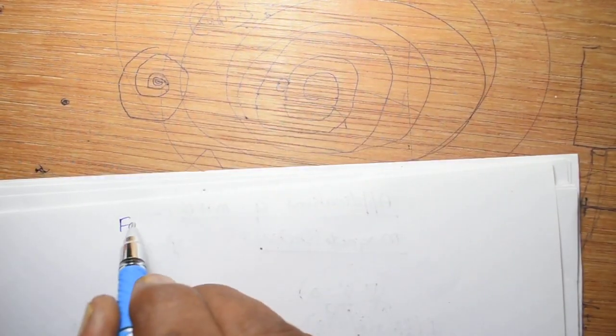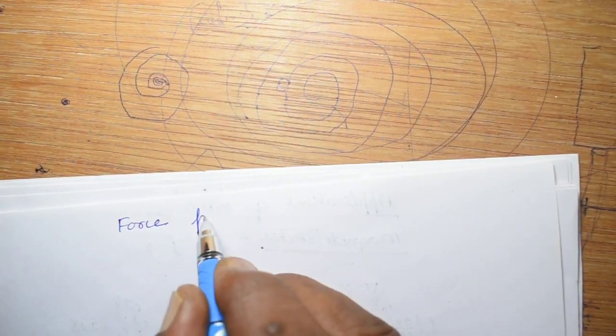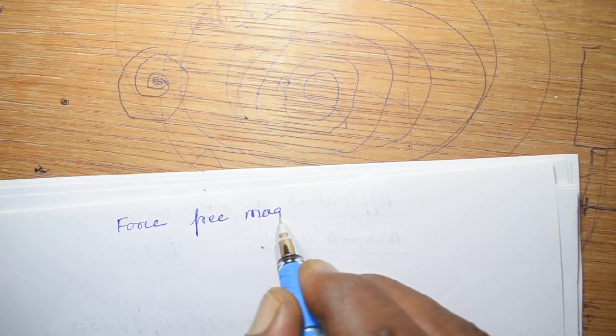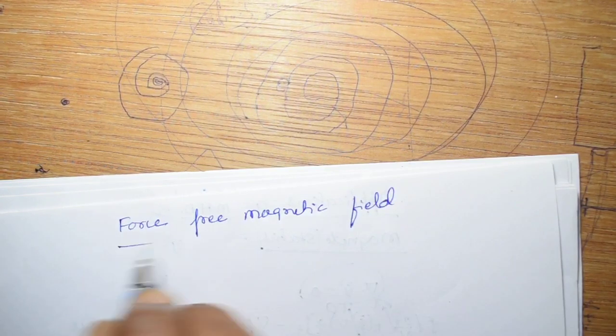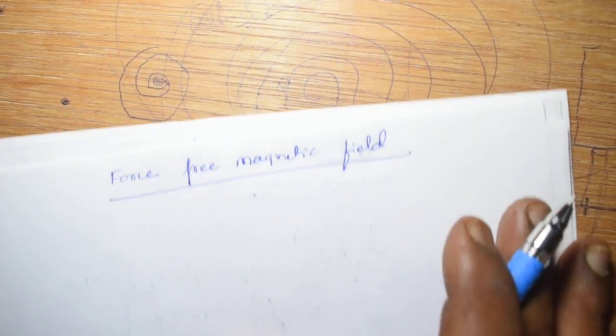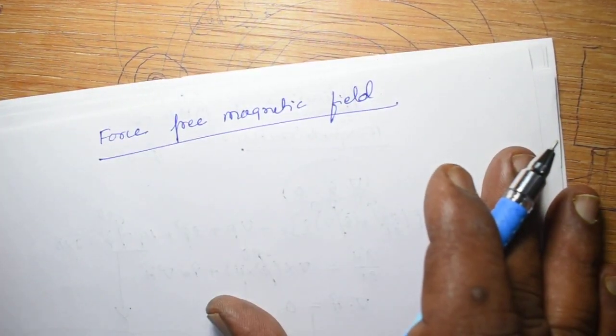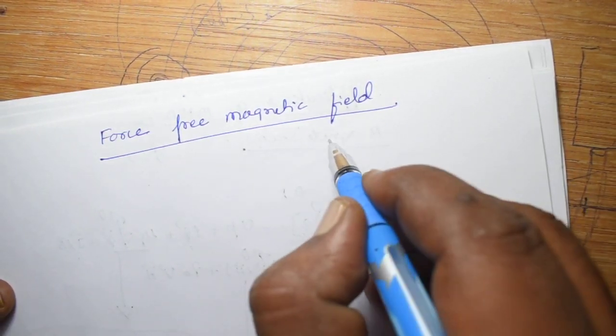Now we are moving towards another concept, the so-called force free magnetic field. So what is a force free magnetic field? A force free magnetic field is one where the Lorentz force is zero everywhere.